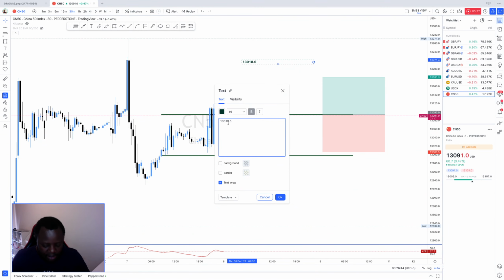So I'll use 130.18.6 minus 84.4, and I'll use my calculator here to calculate how much that will be. 130.18.6 minus 84.4.